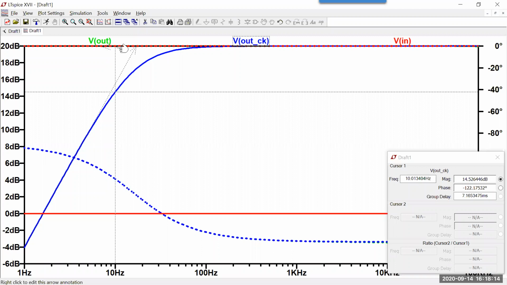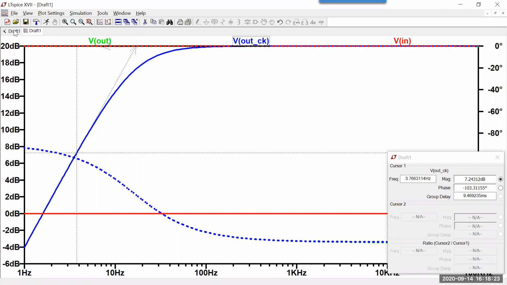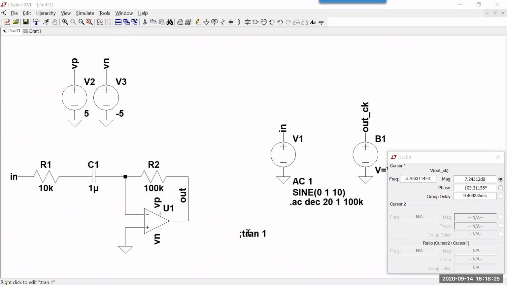And what that Bode plot is like is taking a sine wave and just measuring the magnitude and phase, changing the frequency and plotting it.